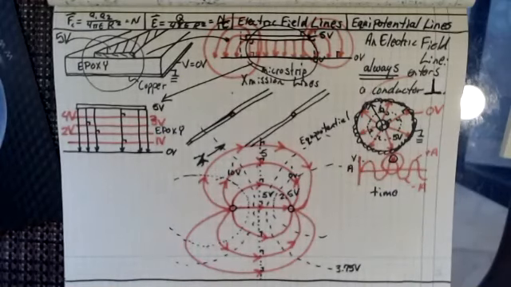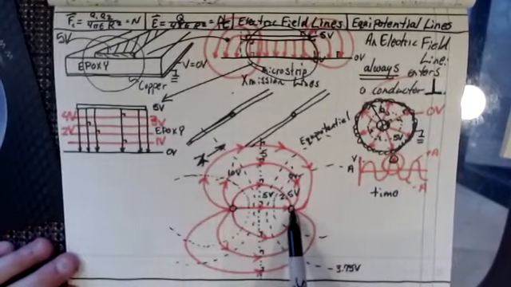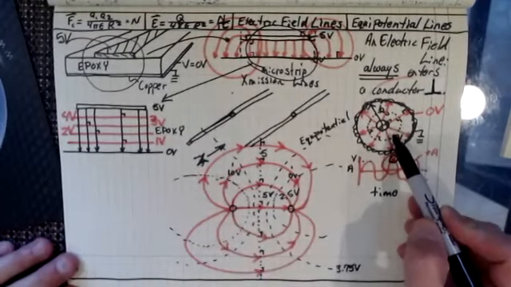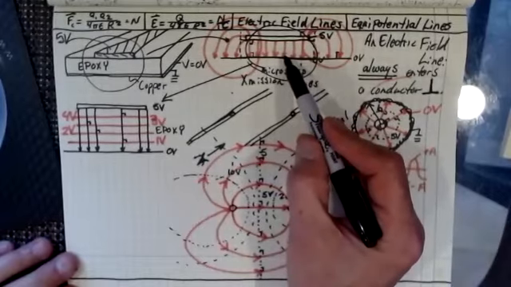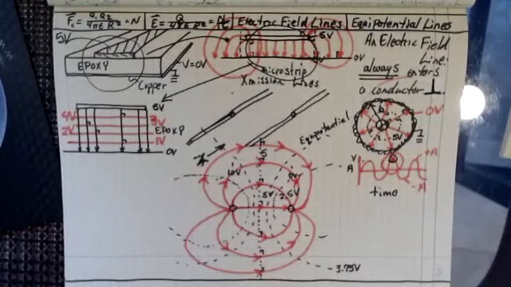Now, I want to just take the last couple minutes here to draw one that is atypical to all of these. This is power lines, right? And I think everybody can see power lines, coaxial cable, microstrip transmission lines. So we've really covered probably 3/4 of all of the different types of things that you would have.